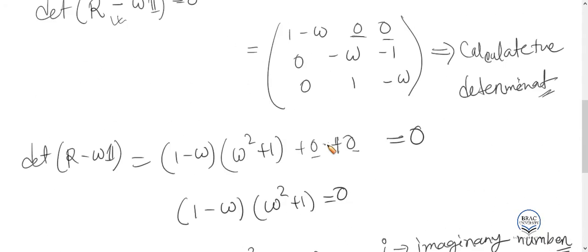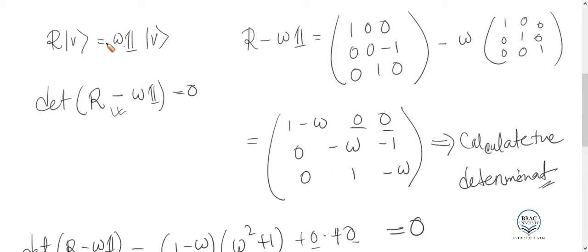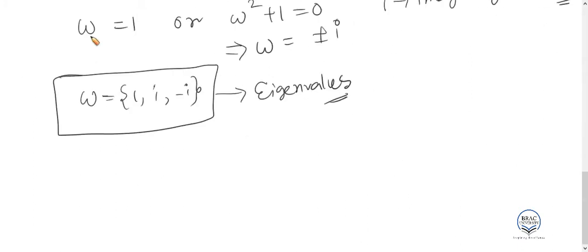And to find the eigenvectors, we need to use this equation, but in a new manner, that is, just pulling the omega 1 to the left hand side. So let me write it down over here. Now we want to find the eigenvectors.